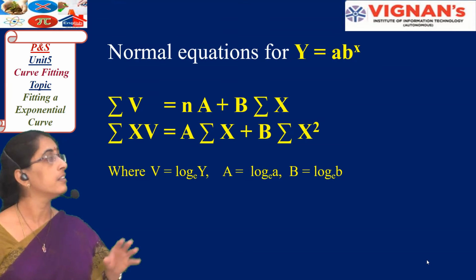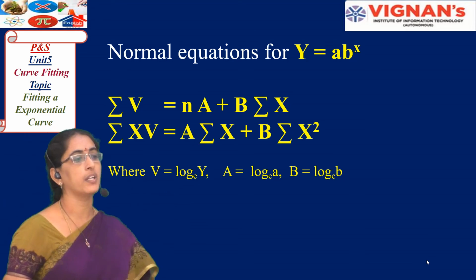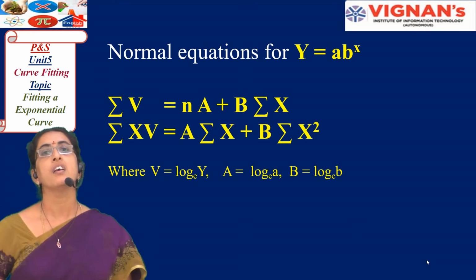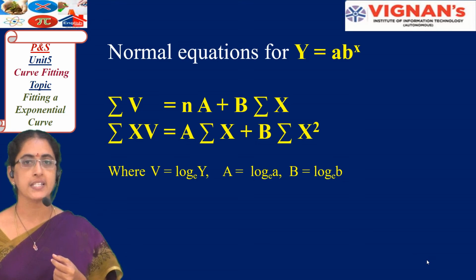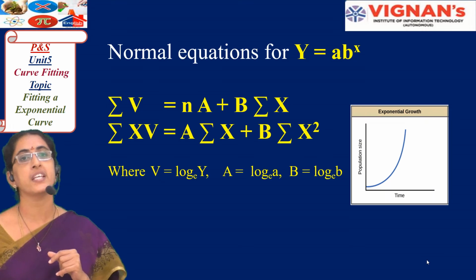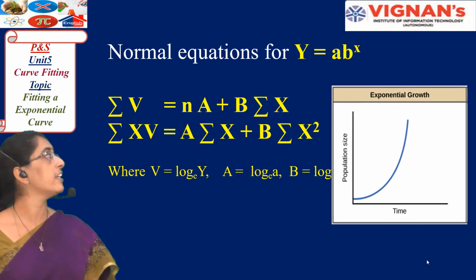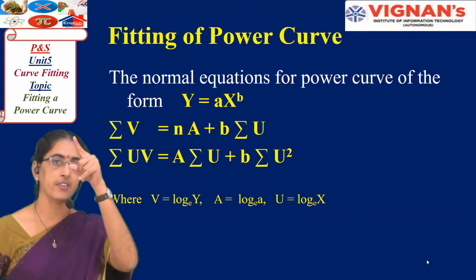This time b is also capital, and summation xv equal to capital A into summation x plus capital B into summation x square, where again v is nothing but log y to the base e, capital A is log a to the base e, and capital B is log b to the base e. So you can see the graph of y equal to a into b power x. It will always be rising.